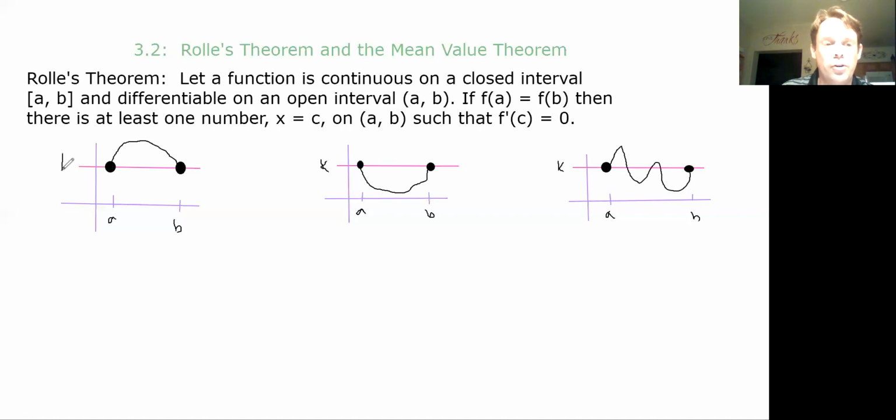So what Rolle's theorem says is, listen, let's just take some random horizontal line, because a horizontal line always has a slope of 0. And it says there's going to have to be some point where this graph on that closed interval has a slope of 0, a horizontal tangent line.